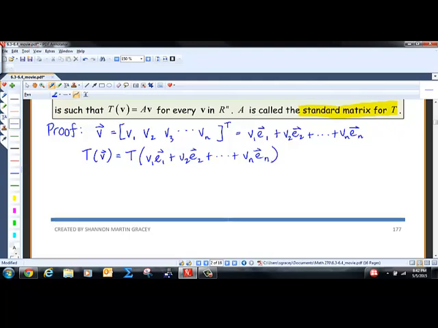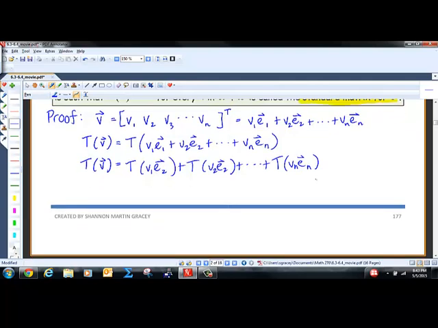But properties of linear transformations allow us to do what? Good. The linear transformation is a linear operator, so you can apply it to each of these terms, all the way down to the nth term. And what are we allowed to do with constants when we've got a linear transformation?